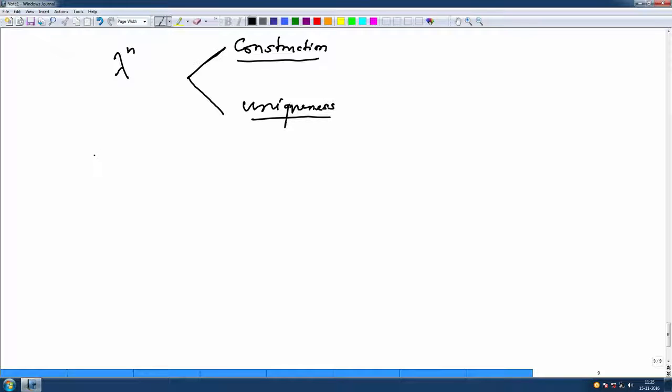So that is what I want to state as a theorem. I will not state it as a theorem, but just as an assertion.